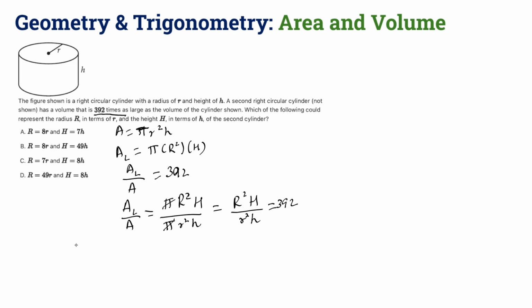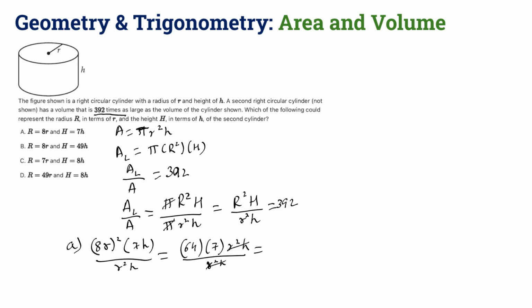Okay, so the best way forward is to start plugging it in. For option A, we plug in 8r square times 7h over r square h, and that becomes 64 times 7 r square h over r square h.